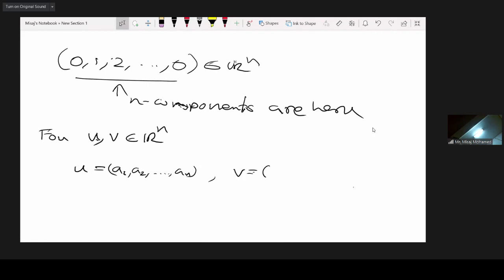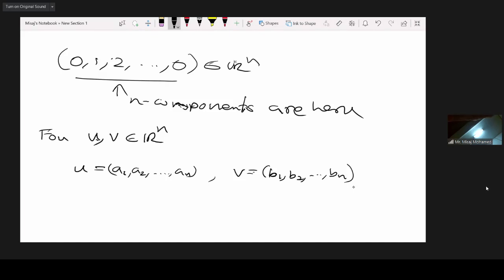This is one element I have taken. Yes, we can take v as b1, b2 up to bn. These are two different elements. So any two elements of Rn are like this.